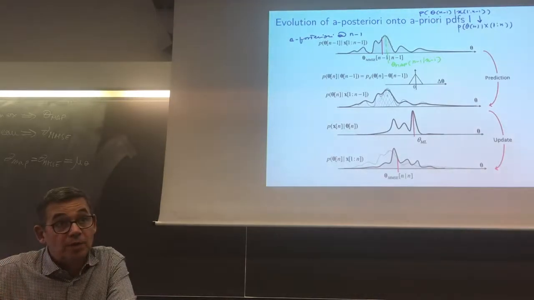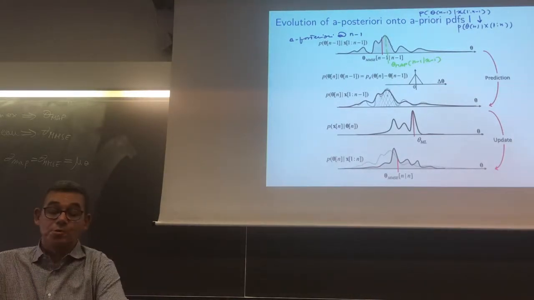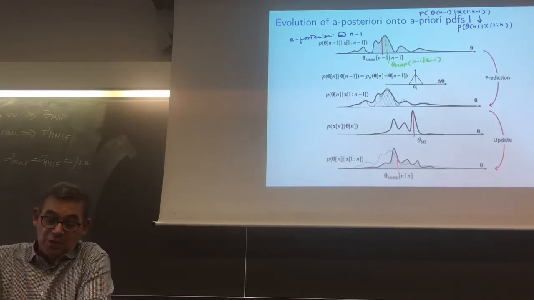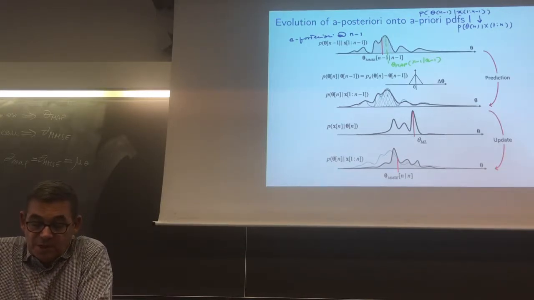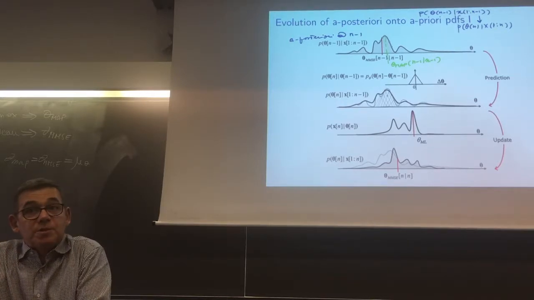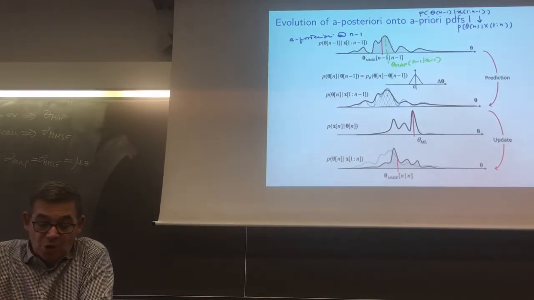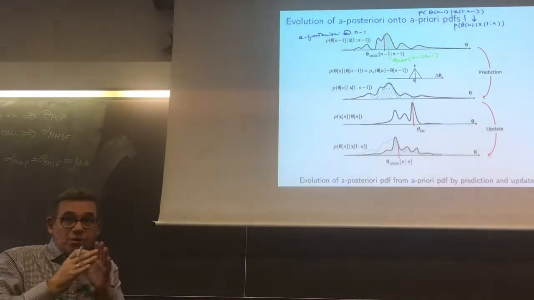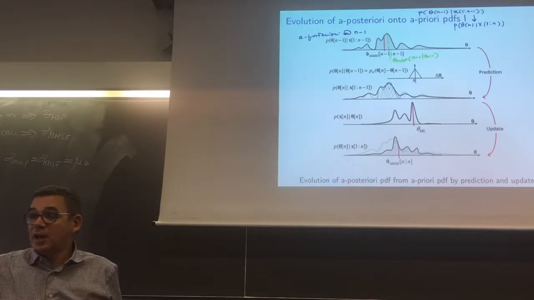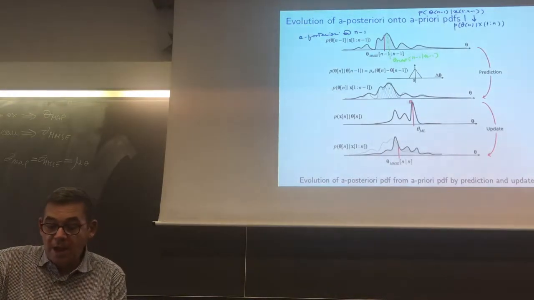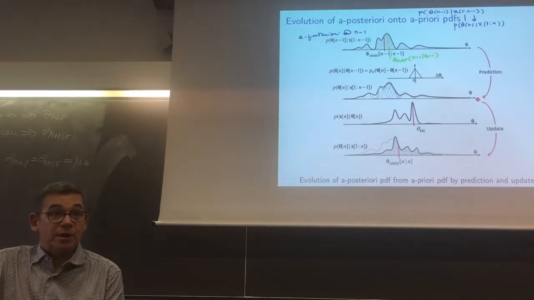That's my goal. So how to make this sequence of steps? These steps are divided into two steps. One step is called prediction. What is a prediction? We saw it by moving the target, okay? The prediction is carried out without knowing the new data.